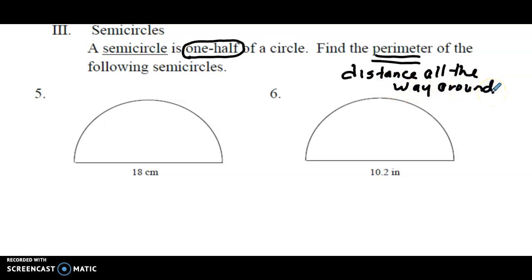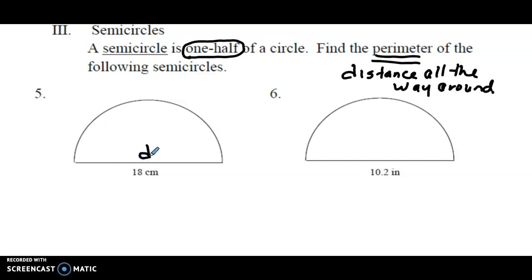First thing that we have to realize is when we have a semicircle, we're going to be given this measurement right here, and we have to figure out what that is. If the circle was whole, this would be going all the way across. So in a semicircle, you're always given the diameter.